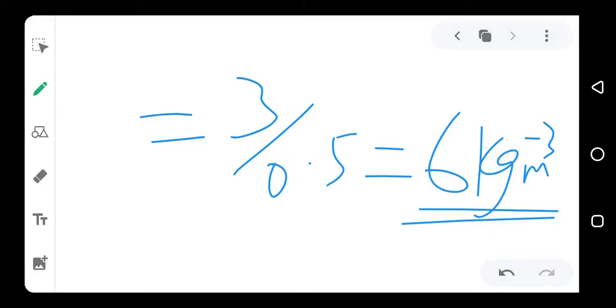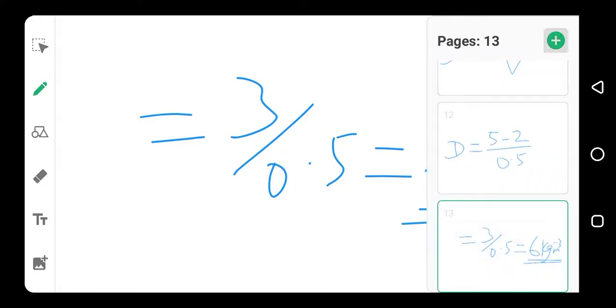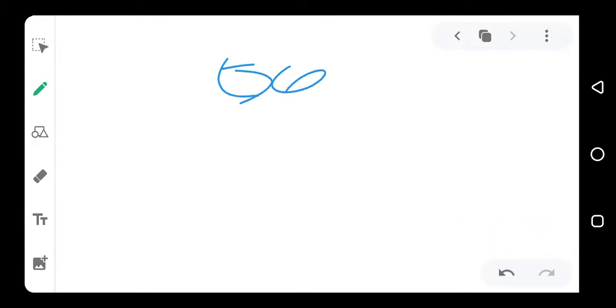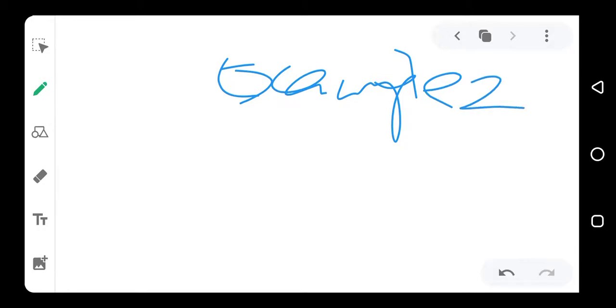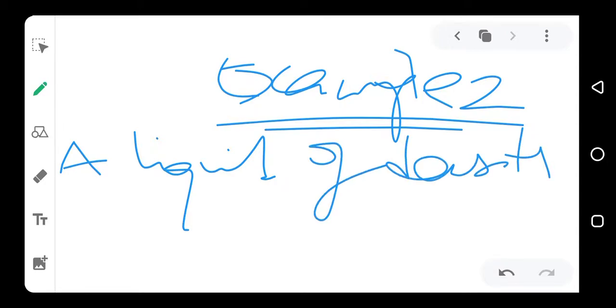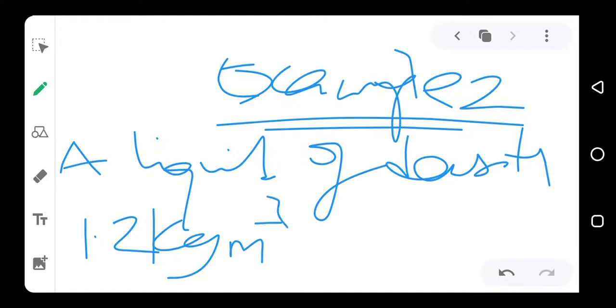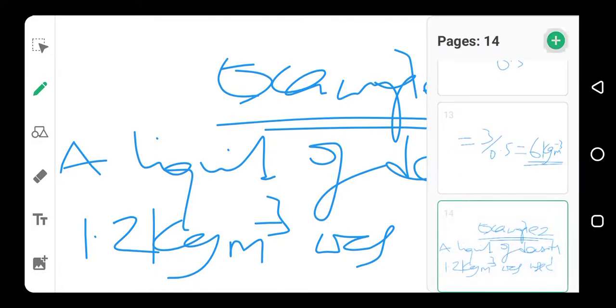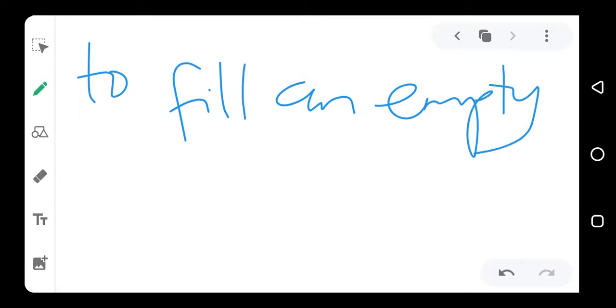Now the next question, example 2. A liquid of density 1.2 kg per meter cube was used to fill an empty density bottle.